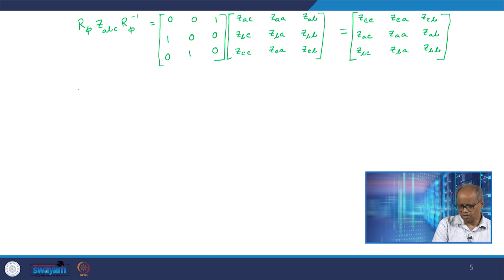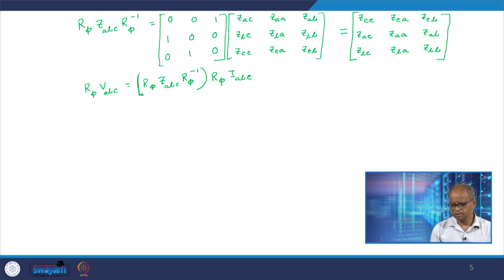Now we have our original relation that R phi into VABC is equal to R phi into ZABC into R phi inverse into R phi into IABC.